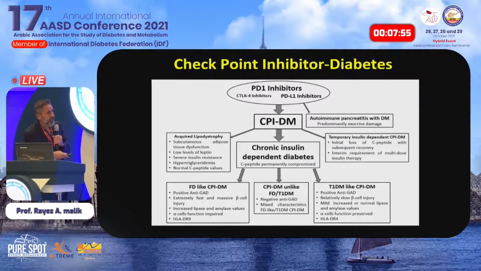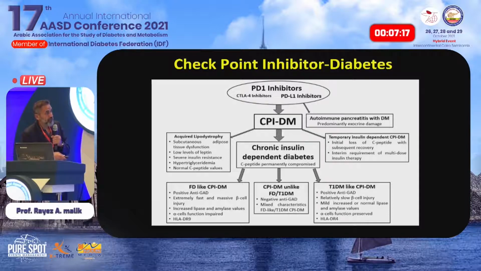So there is this acquired lipodystrophy, where you have subcutaneous adipose tissue dysfunction, low levels of leptin, severe insulin resistance, hypertriglyceridemia, but normal C-peptide levels. Here, it's insulin resistance that is driving the diabetes. Whereas you also can get an autoimmune pancreatitis, you can get a temporary typical type 1 diabetes, and then there is chronic insulin-dependent diabetes, which is the fulminant type of diabetes, where you can have positive anti-GAD, extremely fast and massive beta cell injury.